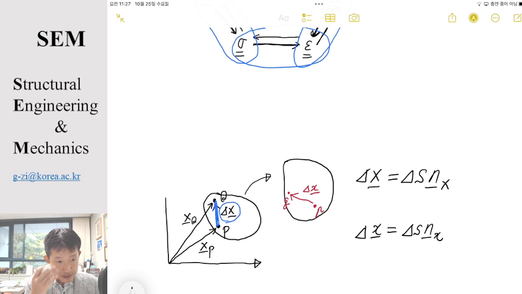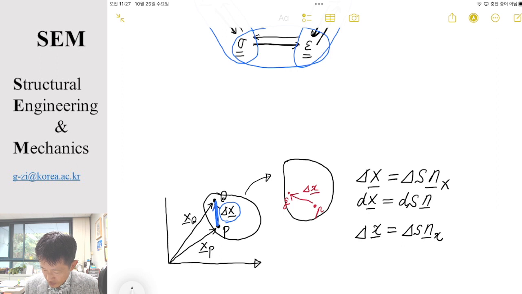Alright, so here I considered two points a little bit away from each other. But in continuum mechanics, we want to consider these two points very close to each other. Understandably, we can change delta to dx instead. And this is also written as ds.